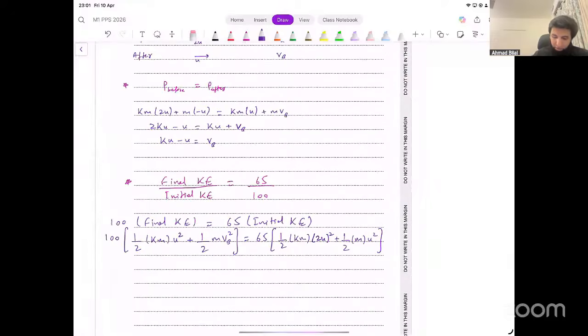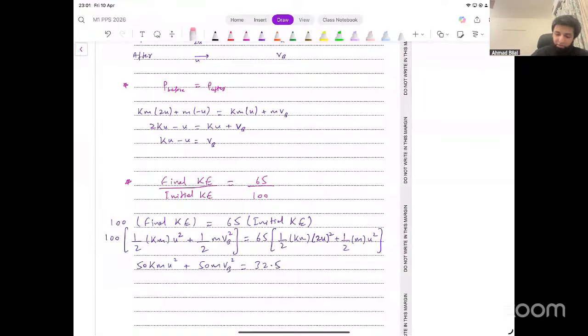100 over 2 will become 50, right? So we have 50 kmU squared plus 50 mVB squared. That equals 65 over 2. Let's write it as 32.5, so we don't have to write a fraction, into km into 2U squared.